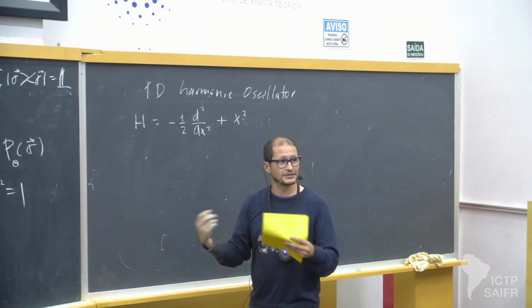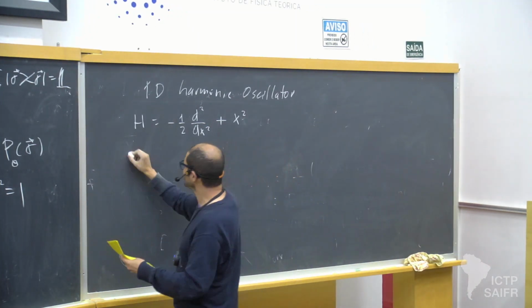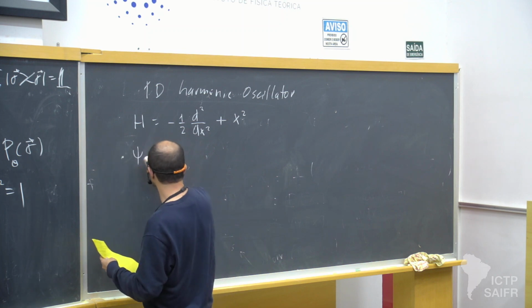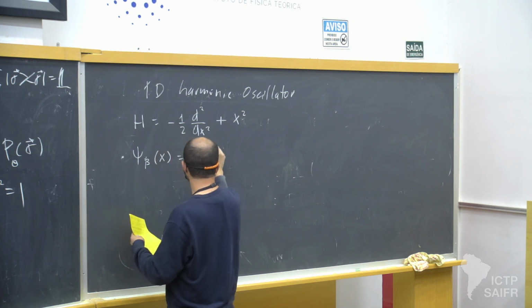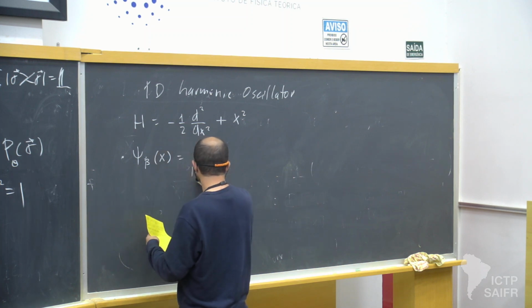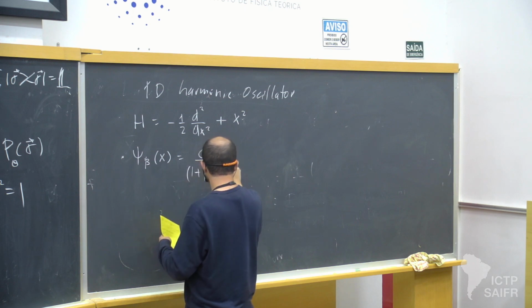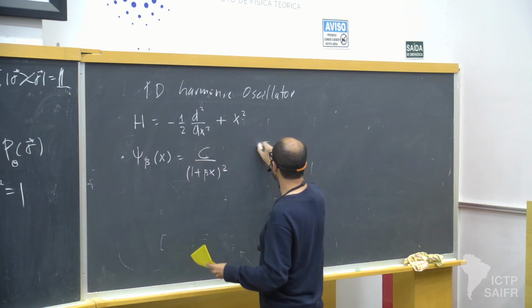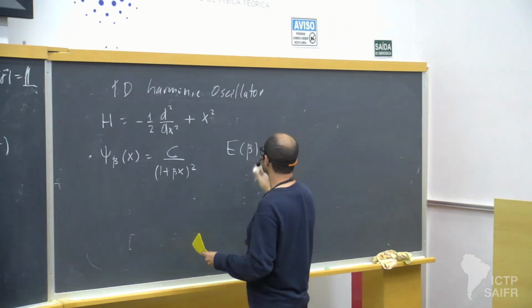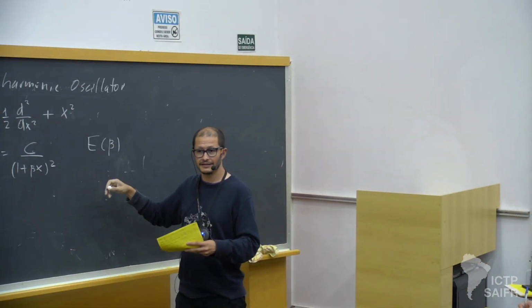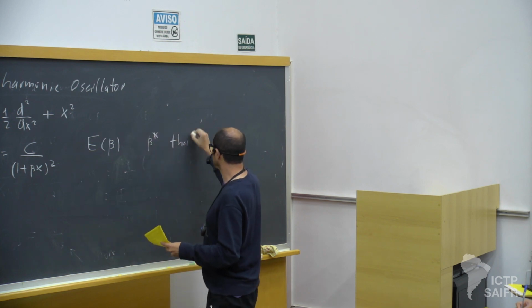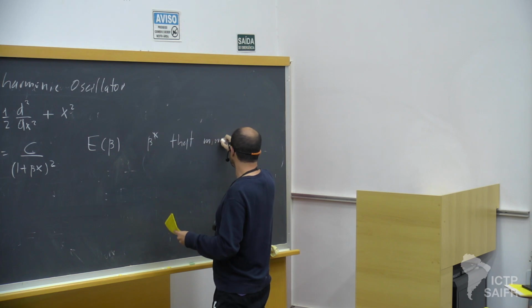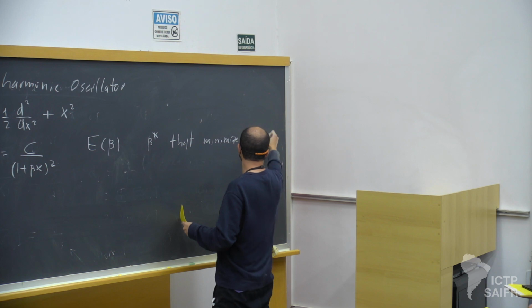Now, using the variational principle, use these wave functions, psi_beta(x) equal to C times a function with parameter beta. Estimate the energy and find the optimal beta star that minimizes the energy.